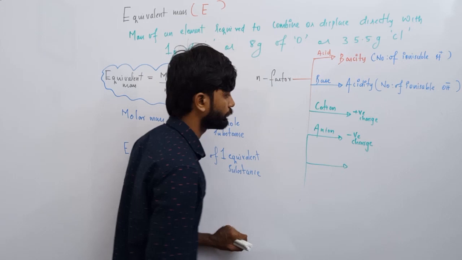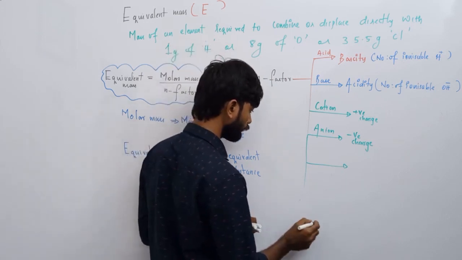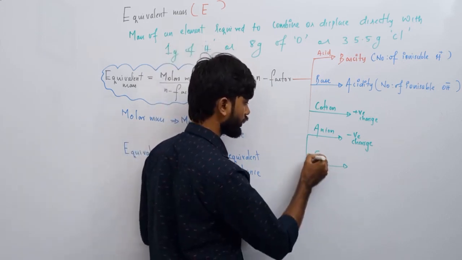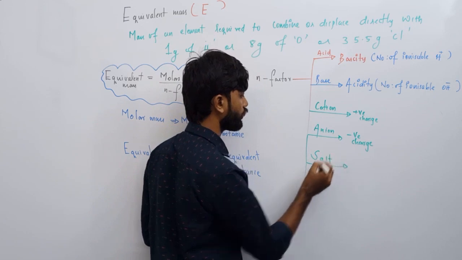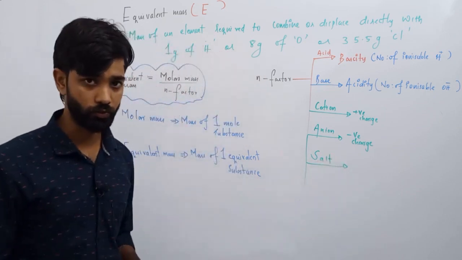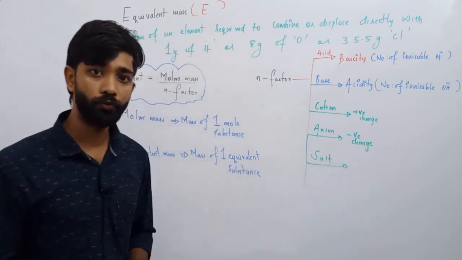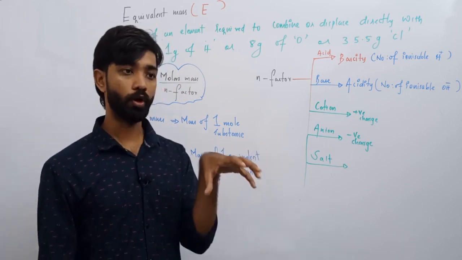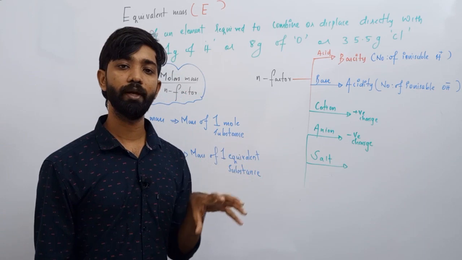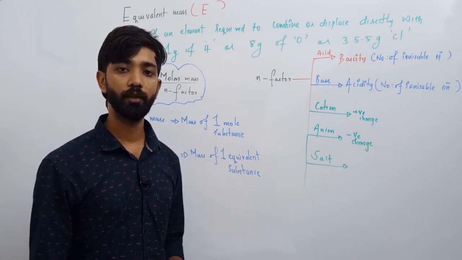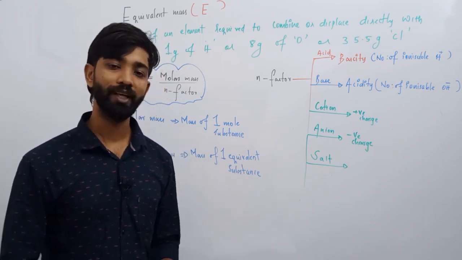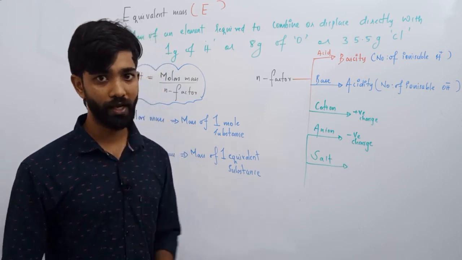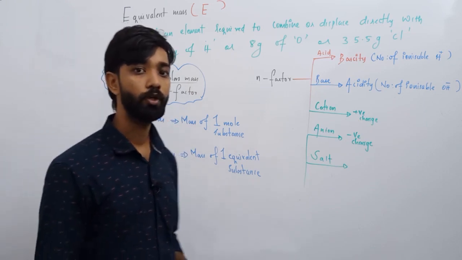We have salt. Salt is a combination of anion and cation. Whatever positive charge is offered by the cationic part, that much negative charge will be offered by the anionic part, and the total charge will be 0.